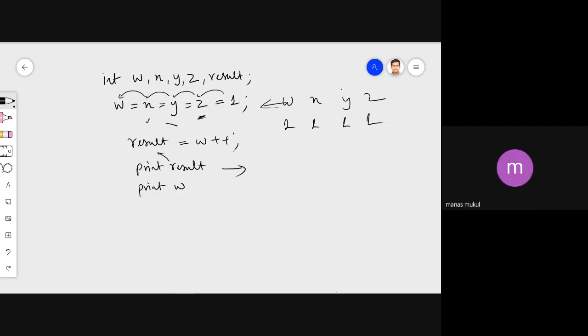And what will be the value of W here? This value will be 1 and the value of W will be 2, because first this value will go into result and then W is going to get incremented. So the value of W will be 2. All right, so everybody is clear with what we have just done?